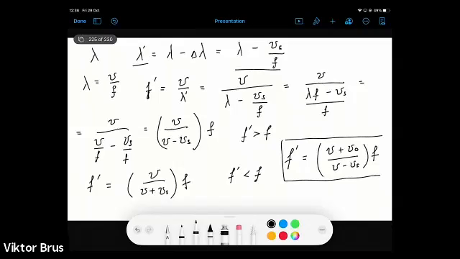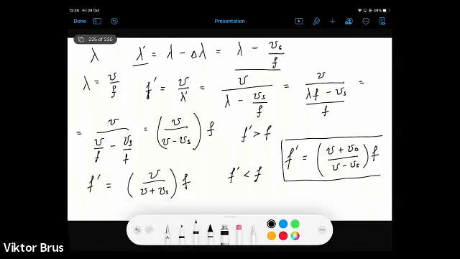There could also be a case when, for instance, the observer is approaching the sound source, but the sound source is moving away from the observer. So they move in the same direction along axis X, but with different speeds. All these factors should be taken into account by appropriate signs for V naught and Vs, and then you can get the apparent frequency of sound which you can hear.